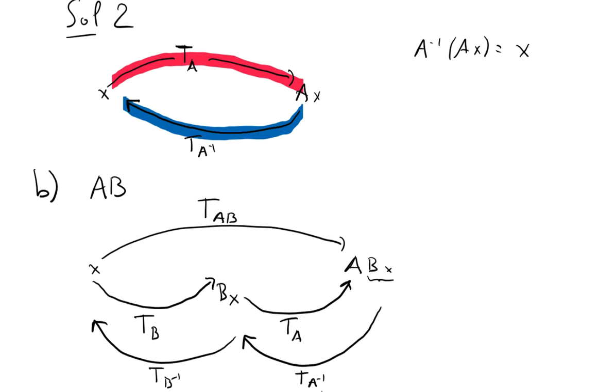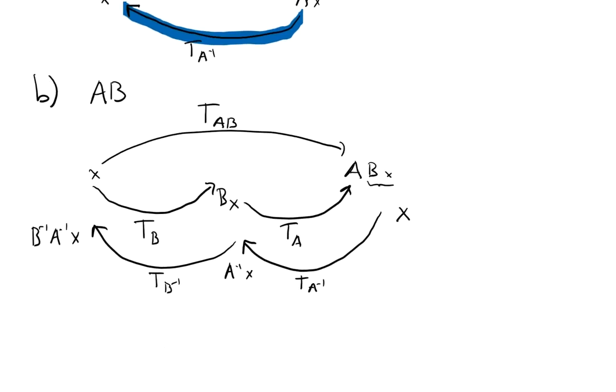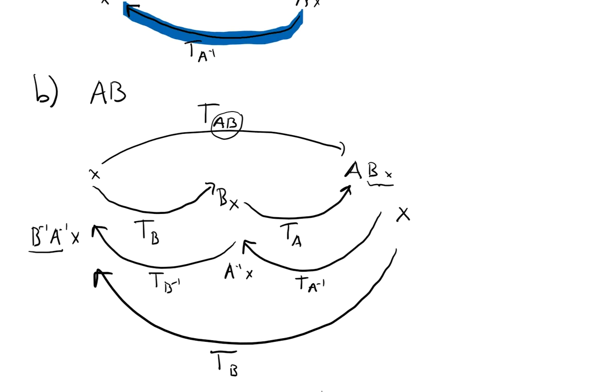So let's read this. If I have a vector X here, what am I going to get here? A inverse X. And if I apply the linear transformation with standard matrix B inverse, I'm going to get B inverse, A inverse, X. So the inverse transformation to the transformation with standard matrix AB is the linear transformation with standard matrix B inverse, A inverse.